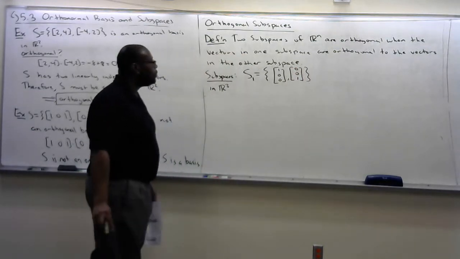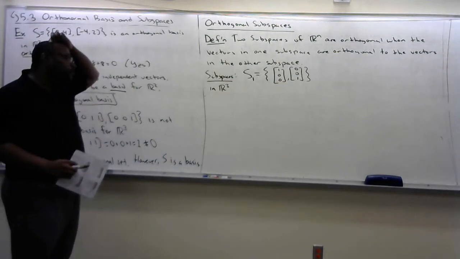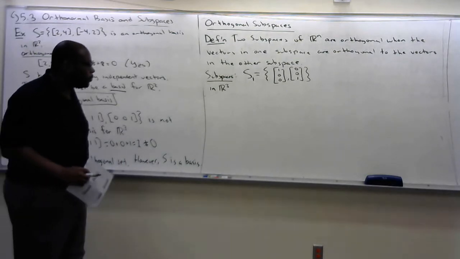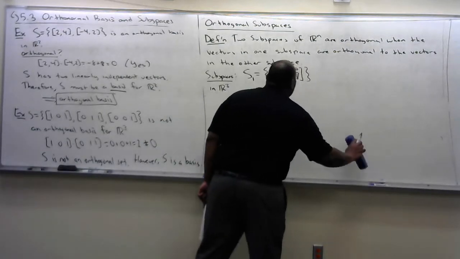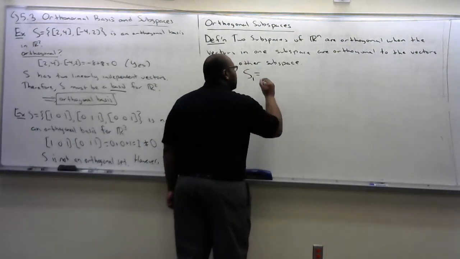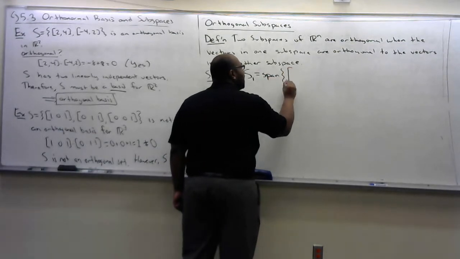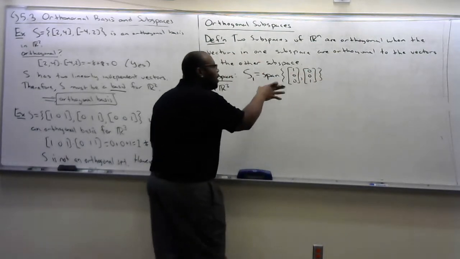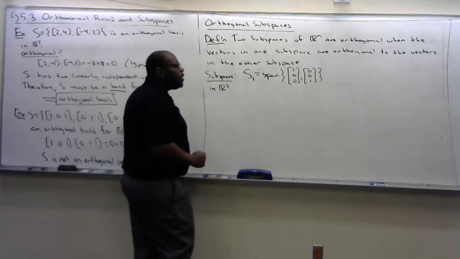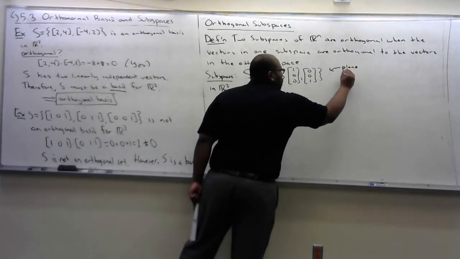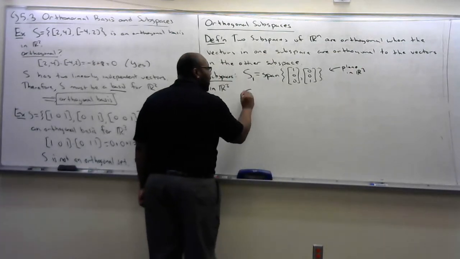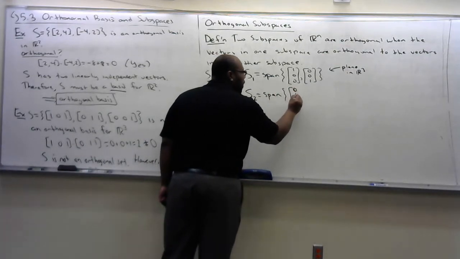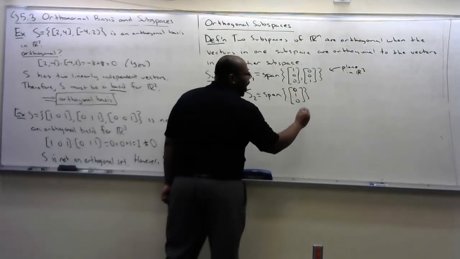This gives a plane in R3. And S2 is spanned by a single vector, 0, 1, 0, and this is a line in R3.